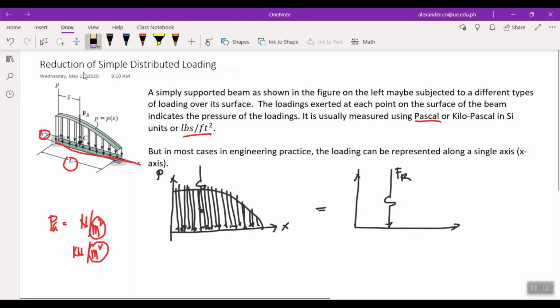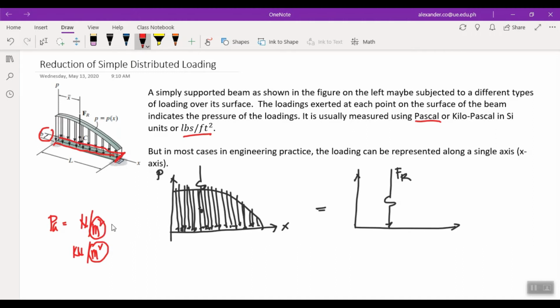Since it can be represented by only the length, we assume the beam width is constant, because usually a beam has a uniform width.